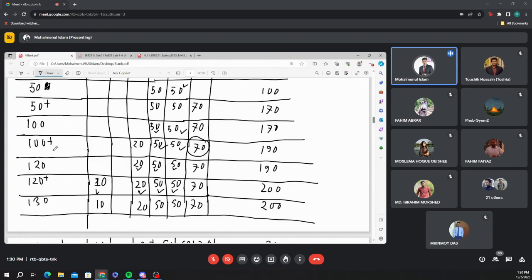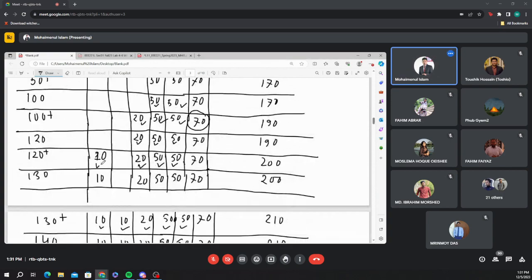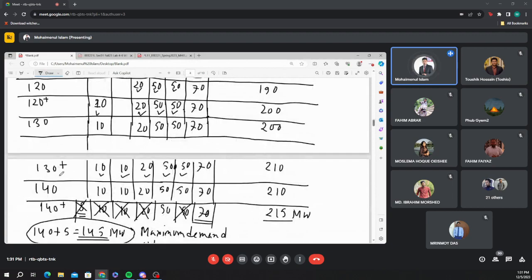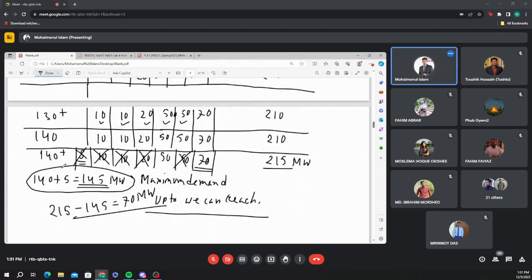So this is 100, then the next value 120, then 10, we have the plant 10 megawatt, so it should be 130, then we have another 10 megawatt, that should be 140, and we have last 145 because we have only 5 megawatt generators.